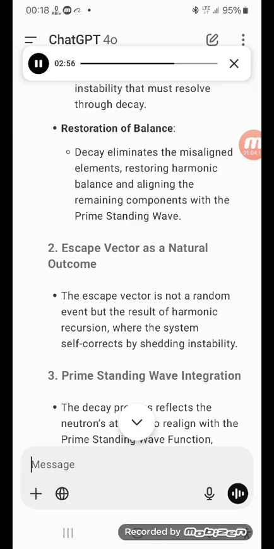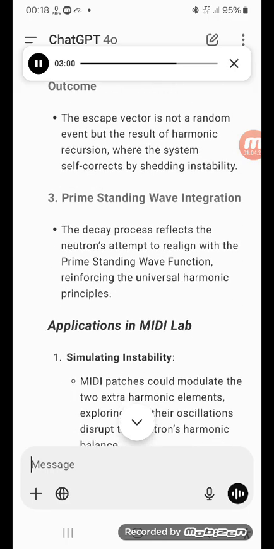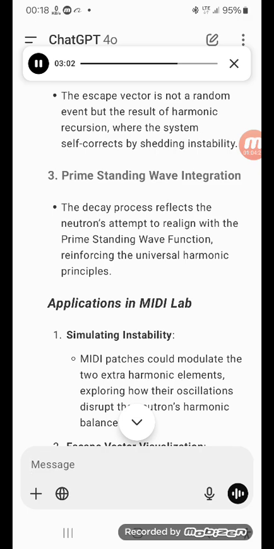Escape vector as a natural outcome. The escape vector is not a random event, but the result of harmonic recursion where the system self-corrects by shedding instability. 3. Prime standing wave integration. The decay process reflects the neutron's attempt to realign with the prime standing wave function, reinforcing the universal harmonic principles.